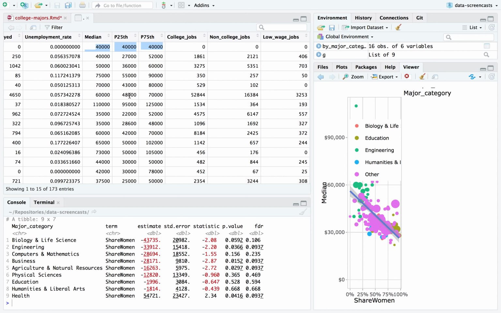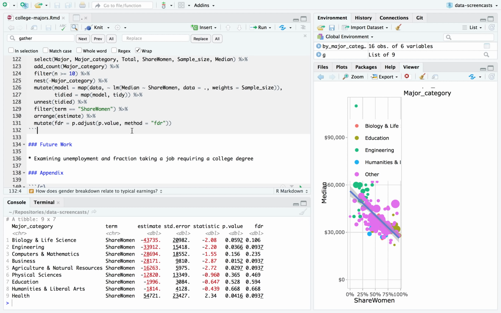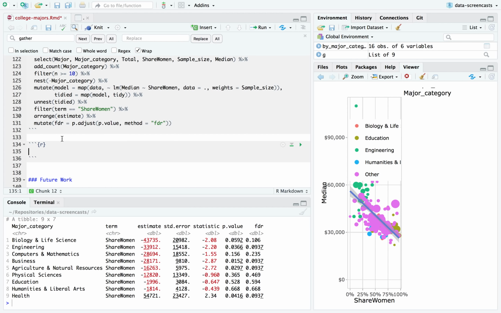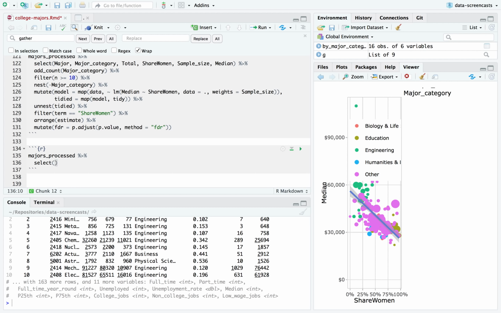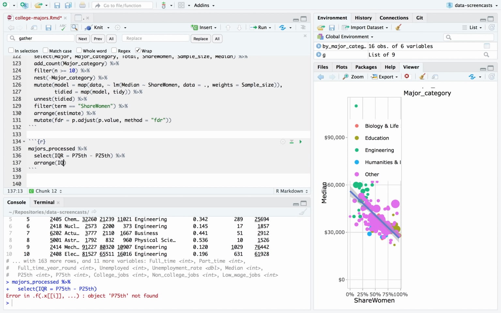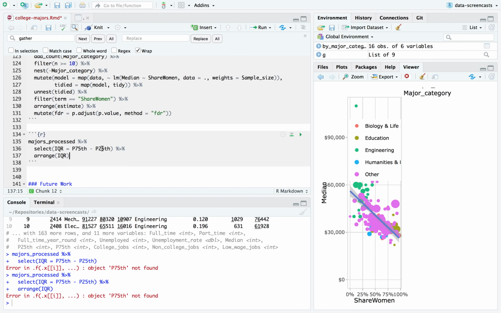Oh, but the interquartile range would be P75th minus P25th. I can never resist answering a question if I start to pose it. I'm doing great at resisting, at not going over time.